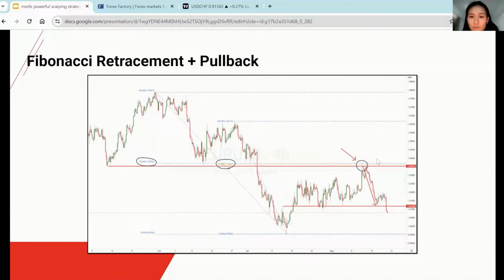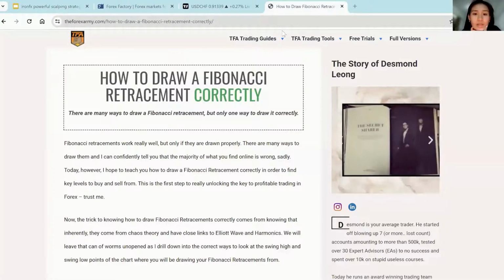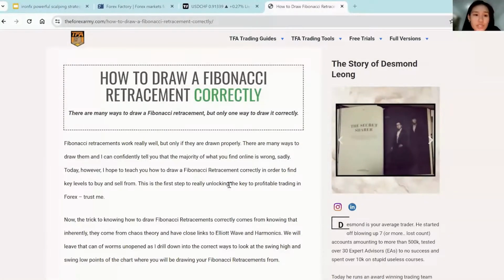We'll get into confluence in a little more detail in my subsequent slides. But if you are unfamiliar with Fibonacci, I'll quickly show you this website that you can use. This is forexarmy.com, and it's completely free to use.